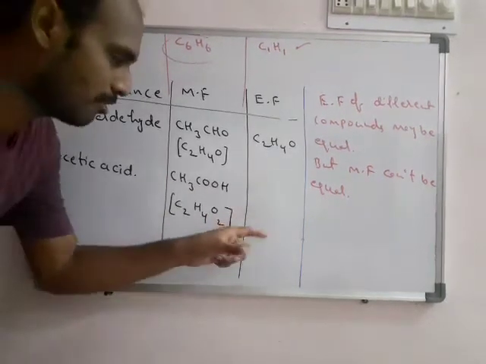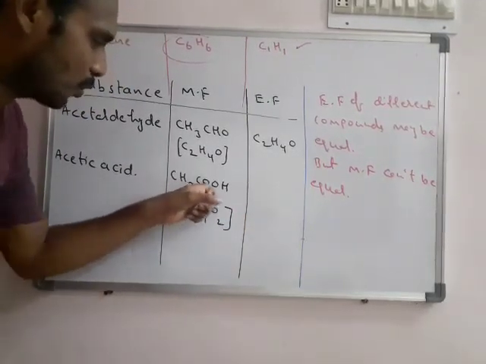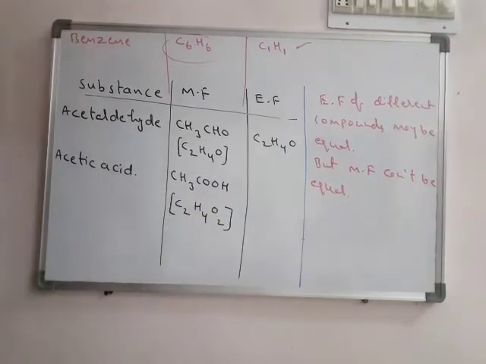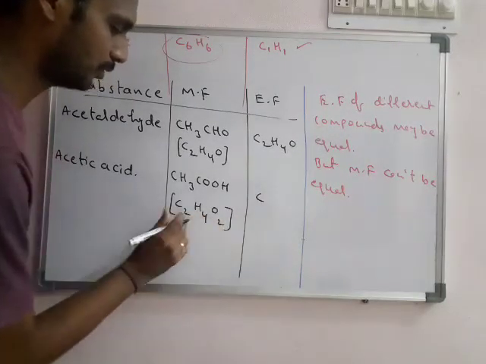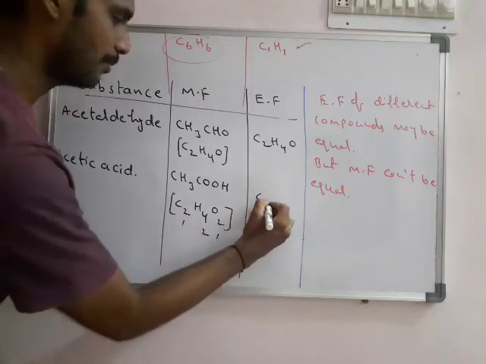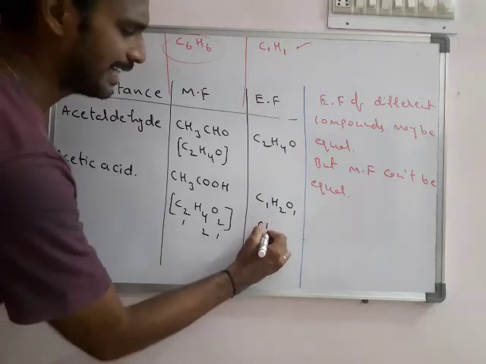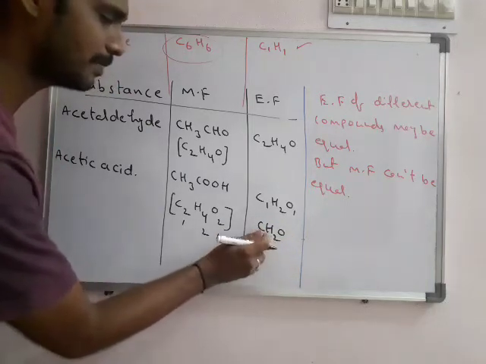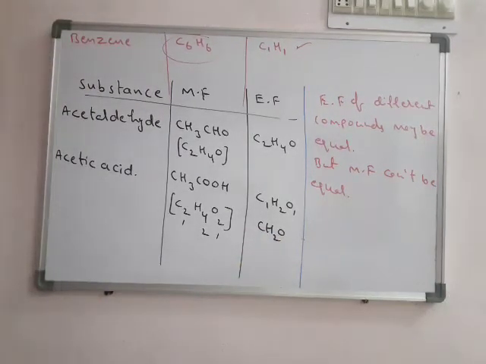For the ratio to be easy, we write it in this form. Then what is the empirical formula? The ratio 2:4:2 becomes 1:2:1, that is C1H2O1. But sir, we normally write CH2O without indicating 1; when there is no number, its meaning is that it equals 1.